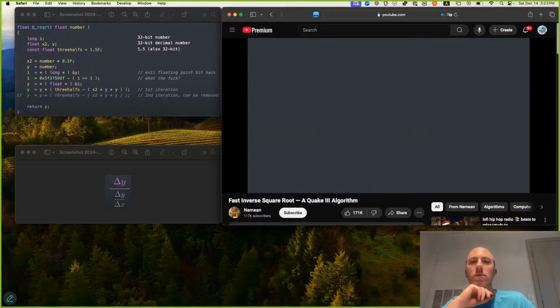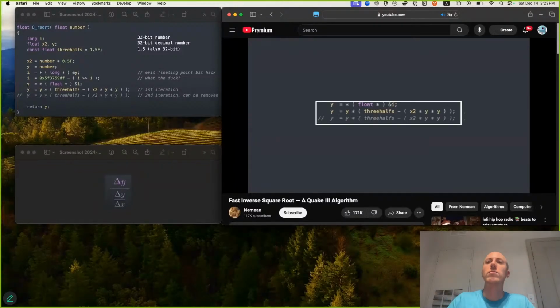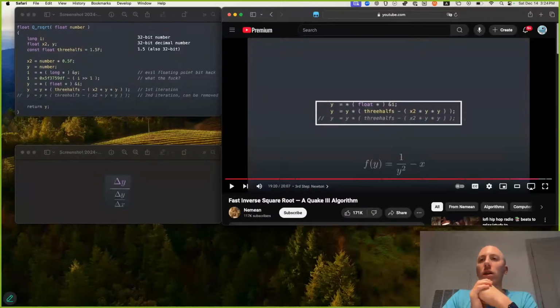The informed viewer can now verify that the last line is one such Newton iteration applied to the function f of y equals 1 divided by y squared minus x. Where does this function come from? Why does he do this?